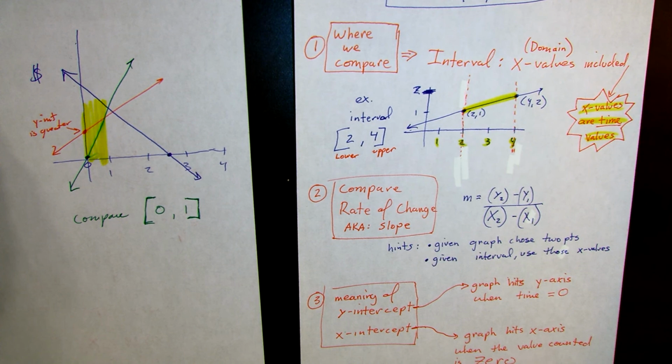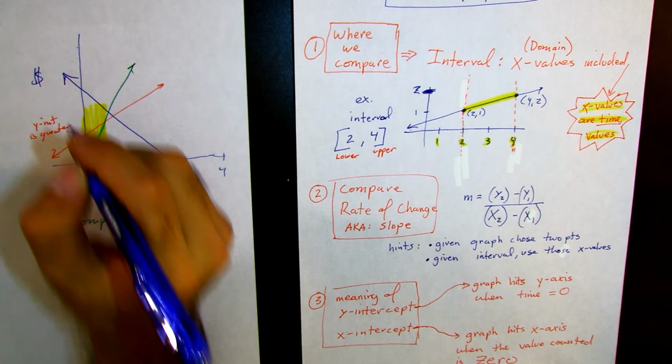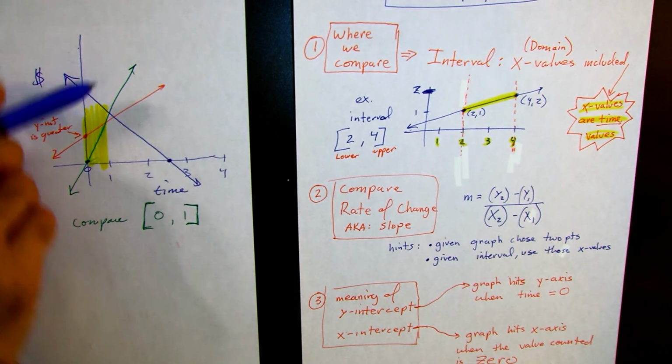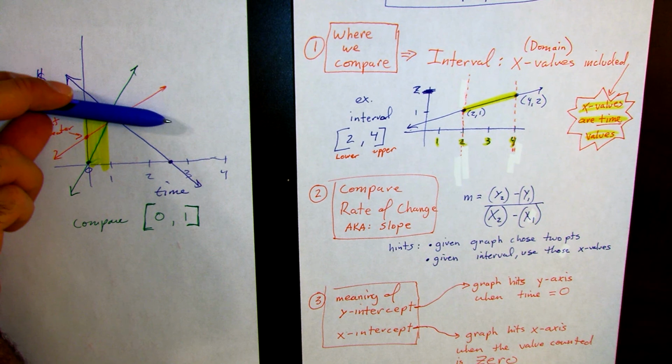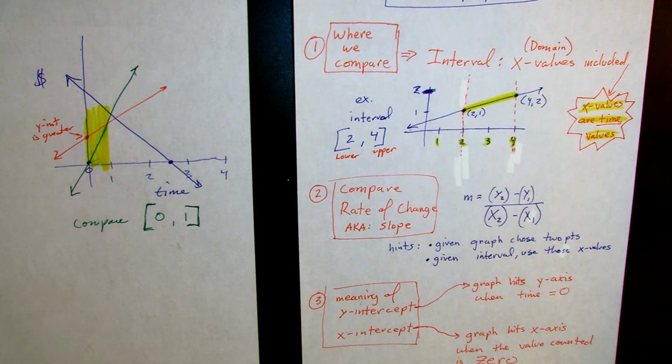So the graph hits the x-axis when the value counted is 0. Remember, this is time in general, and this is money. So you're losing money, spending it on your vacation, and after 2.5 days, you don't have any money left. You have $0 left. Okay?